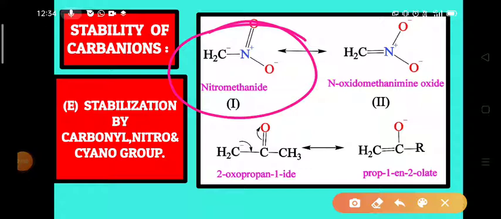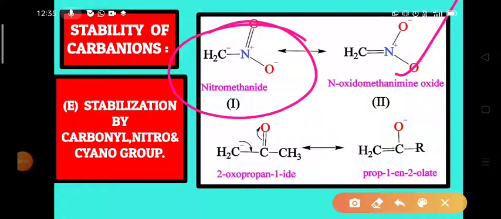And look here, in this nitromethanide resonance is possible. Look, this is the second resonance structure of the nitromethanide, and this structure is known as the enoxidomethanimine oxide.